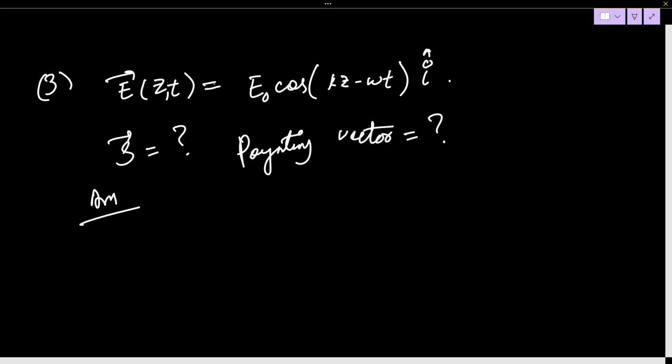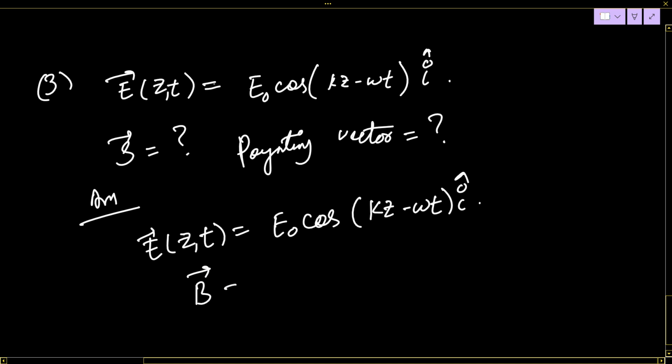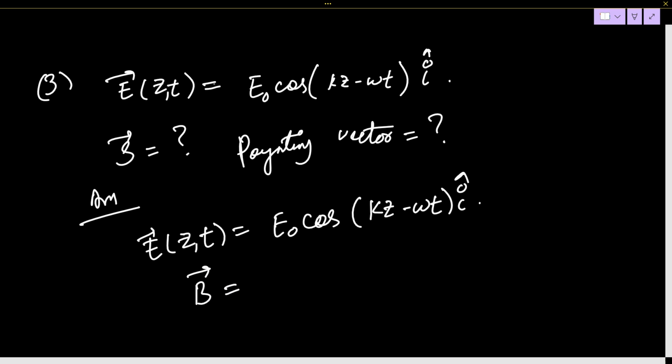Alright. So E of z, t is equal to E naught cos kz minus omega t I cap. Okay. So what will be the magnetic field? What is the magnetic field? Magnetic field is 1 by c k cap, k vector cross E vector. Okay.